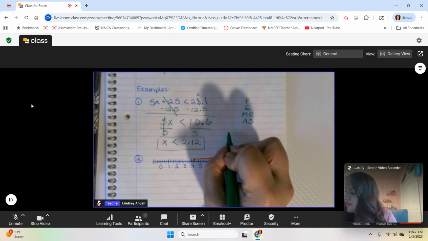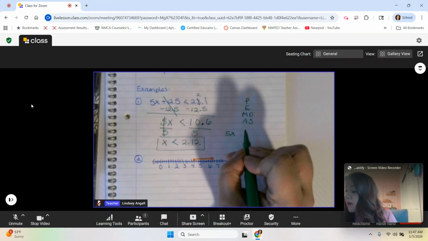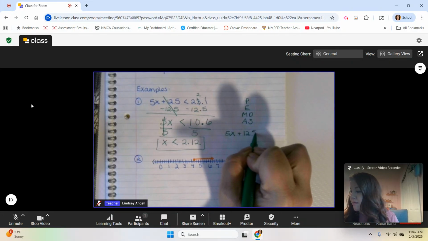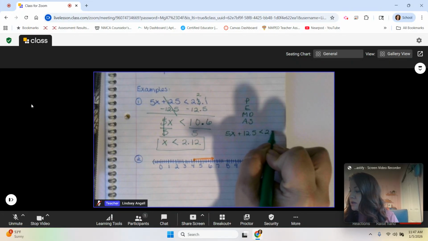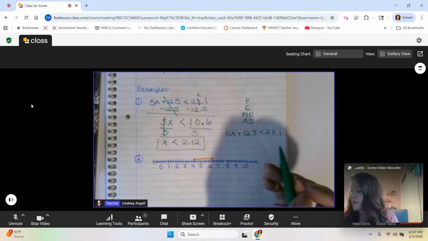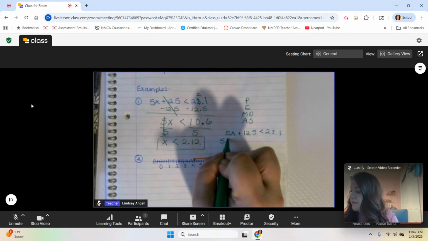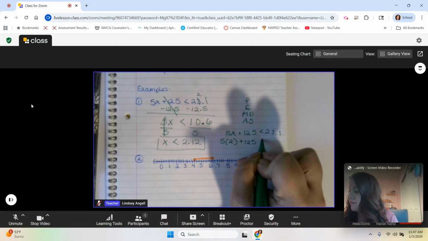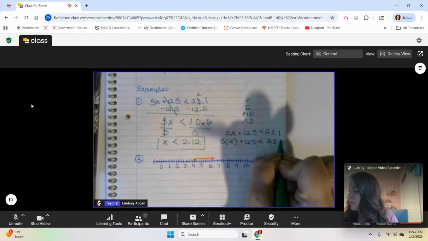So our original inequality was 5x plus 12.5 is less than 23.1. Well, let's just plug 2 in there. That means we have 5 times 2 plus 12.5 is less than 23.1.